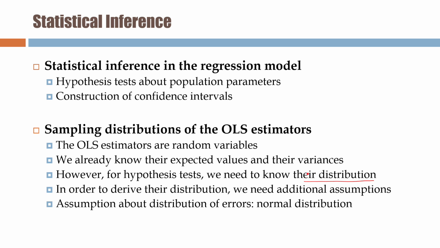To get that, we have to make some assumption about the distribution of the error. So we will assume, as I think we already mentioned in simple linear regression, that it follows the normal distribution.